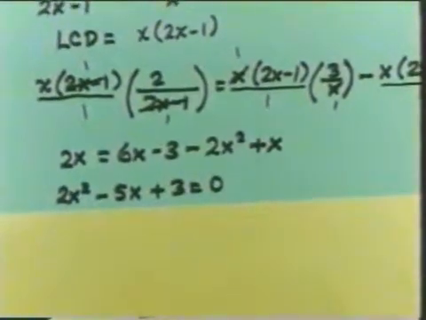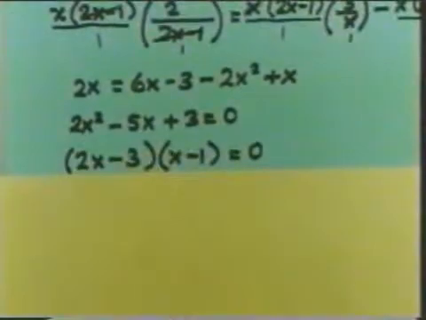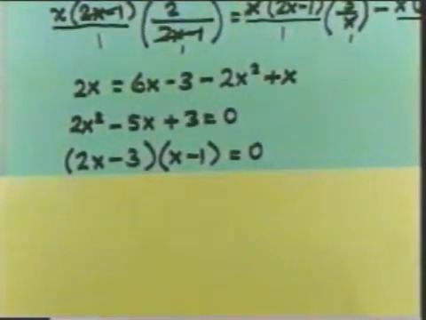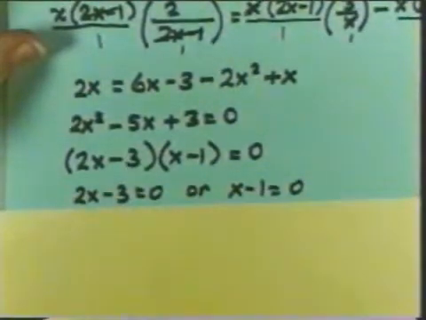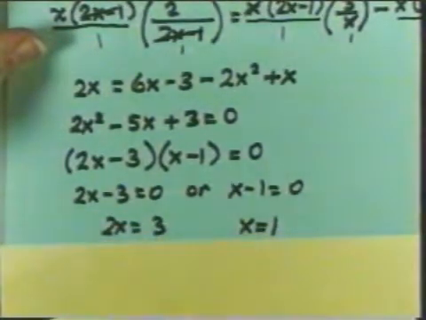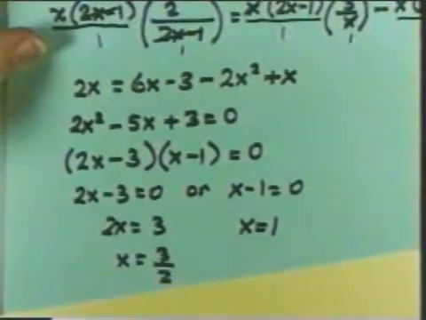This equation is factorable. We get 2x minus 3 times x minus 1, setting each factor equal to 0. 2x minus 3 equals 0, or x minus 1 equals 0, and solving. We have 2x equals 3, which gives us x equals 3 halves, or x equals 1.